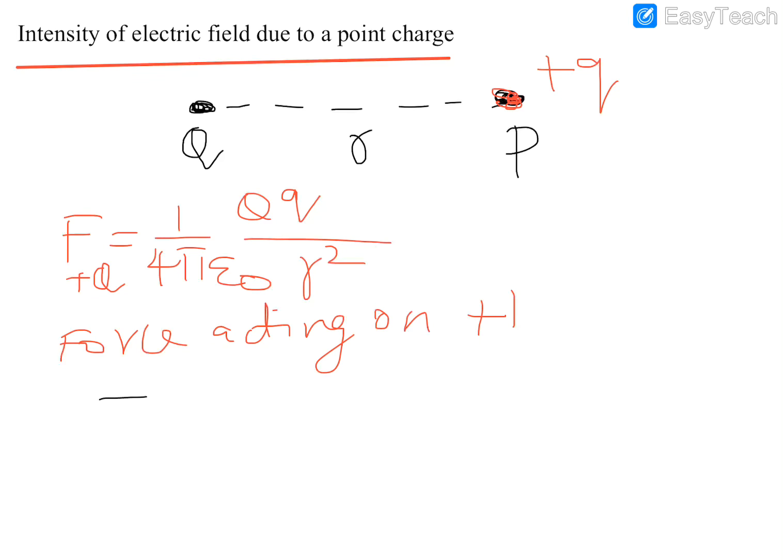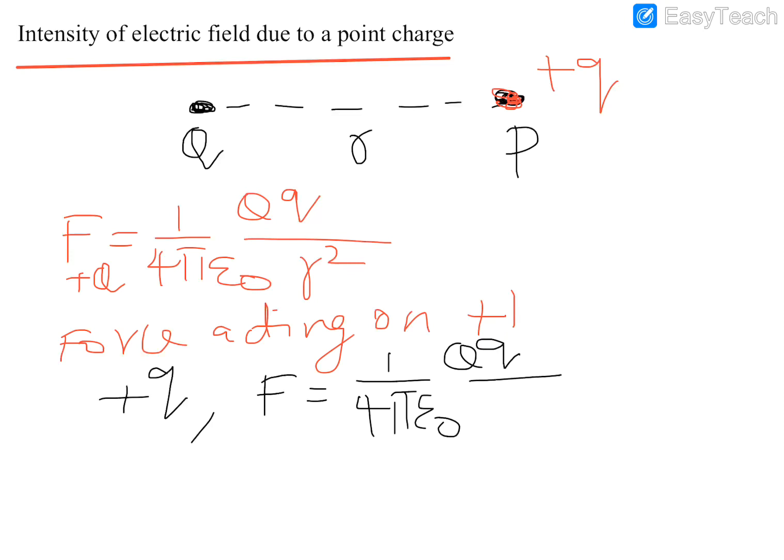From the above step, for plus q charge, the force is 1 by 4 pi epsilon 0 Q q by r square. This is the case for plus q. So for plus 1, how much will it be? That will be F by q, isn't it?